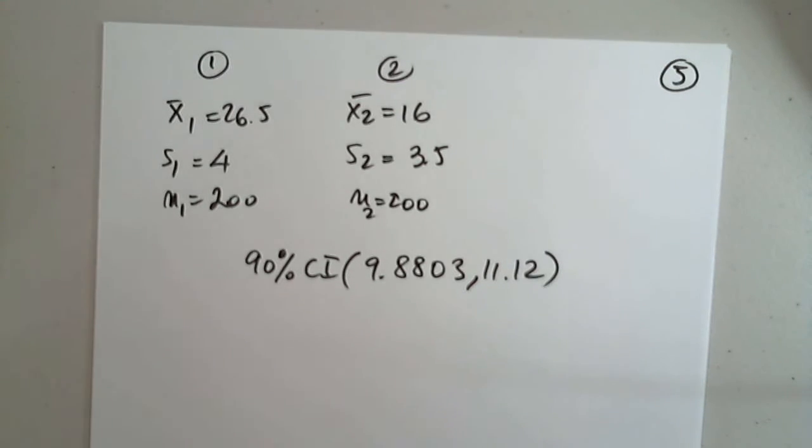Choose the correct answer. The researchers are 90% confident that the difference of the means is in the interval. A. Of course. Very good. Excellent.